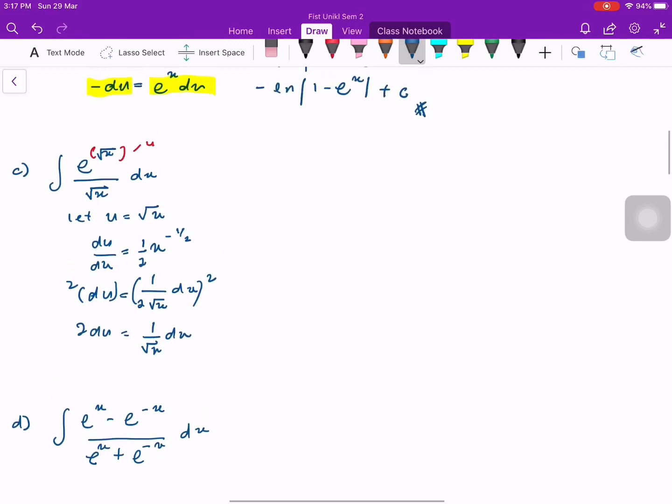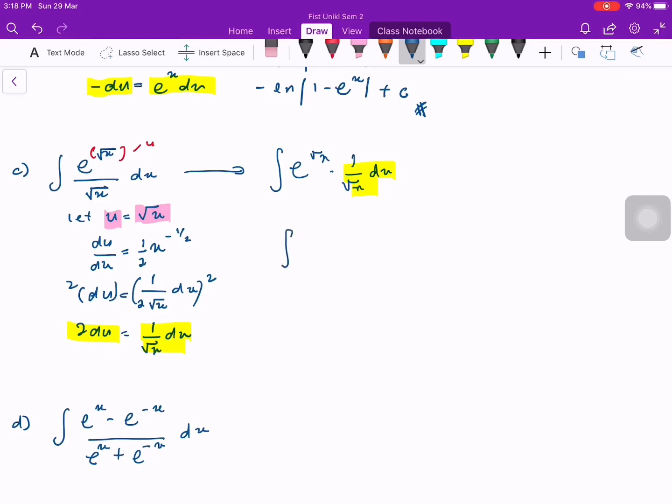So again I'm going to rewrite this function as the integral of e to the power of root x times 1 over root x dx. This 1 over root x dx we can substitute with 2 du, and root x we just substitute by u.